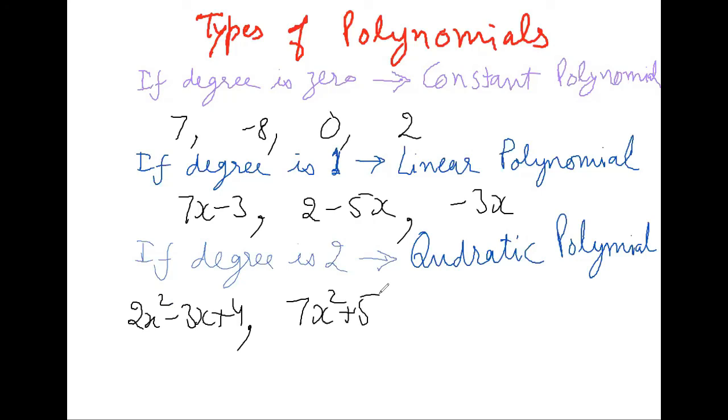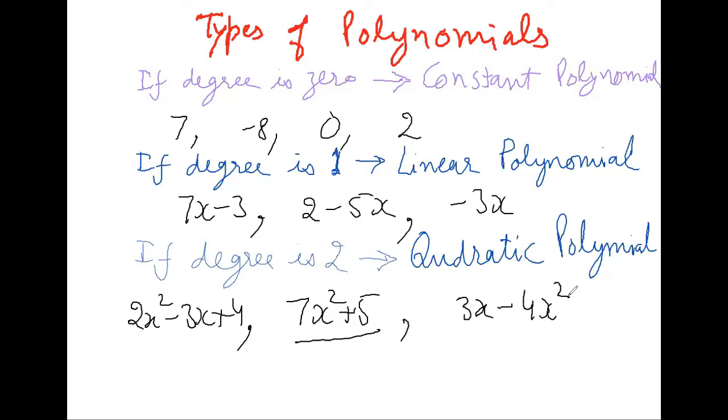Here also, although the number of terms is 2, we are not thinking about that. We are thinking about the highest power, the degree. So degree here is 2. So hence this is a quadratic. For example, let us take 3x minus 4x square. This is again a quadratic because highest power is 2.